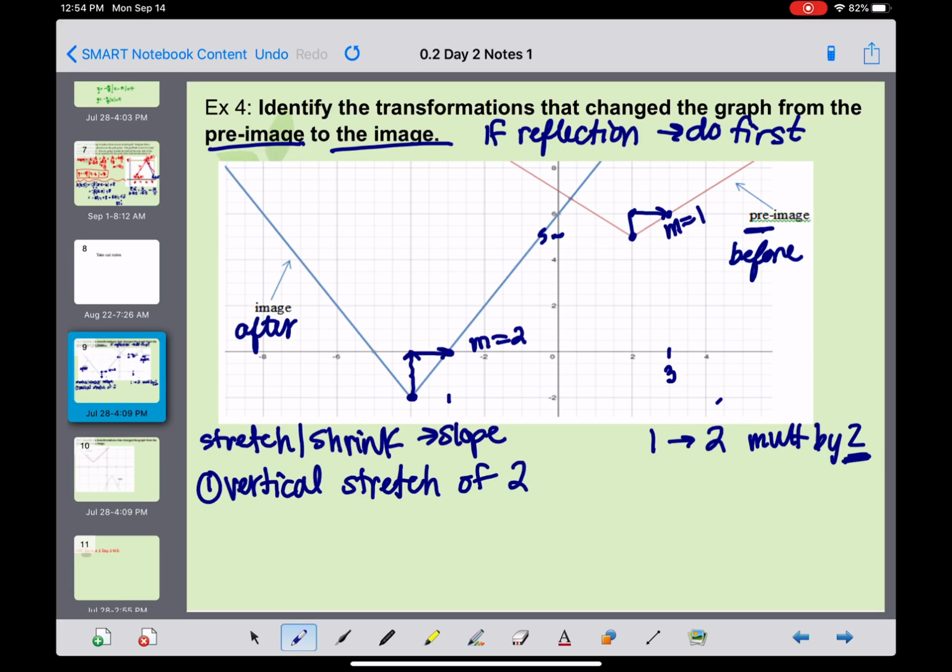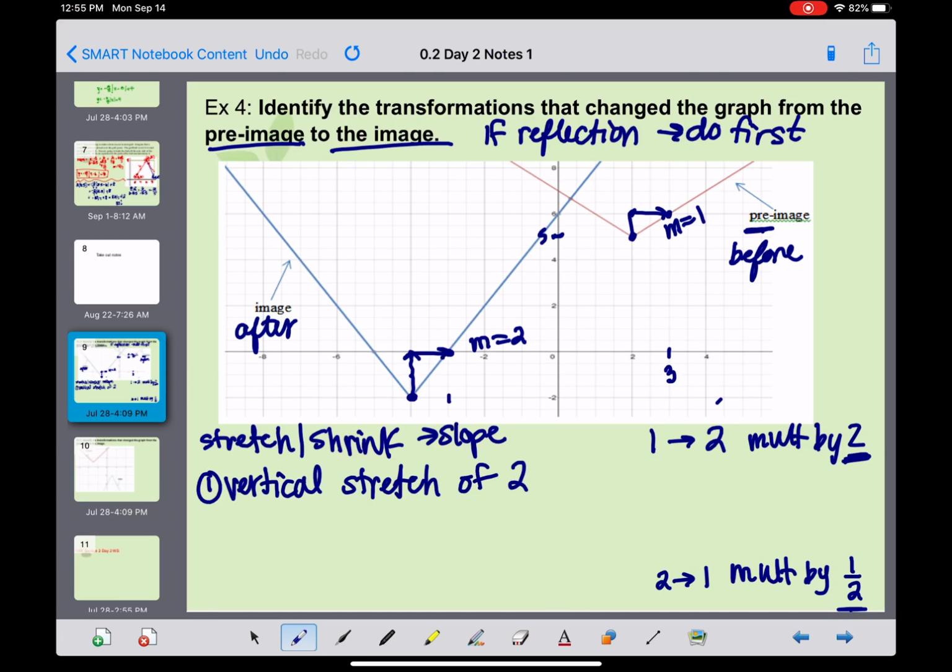If I were to reverse the order, so if I went from 2 to 1, what would I multiply to get to 1? So 2 times what gives me 1? Well, think about it as dividing. If I take 2 divided by 2, I get 1. So I'm multiplying by a half.